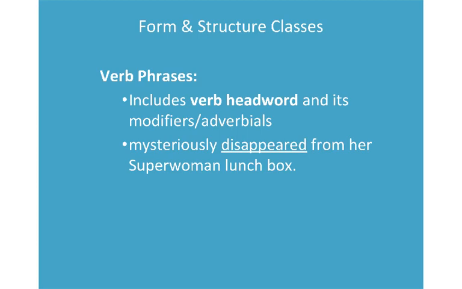Verb phrases include a verb head word and its modifiers or adverbials. So, for example, here mysteriously disappeared from her Superwoman lunchbox. Here we're starting a verb phrase by starting with a verb, disappeared, and then continuing with its modifiers and adverbials. So the whole verb phrase here is disappeared from her Superwoman lunchbox.